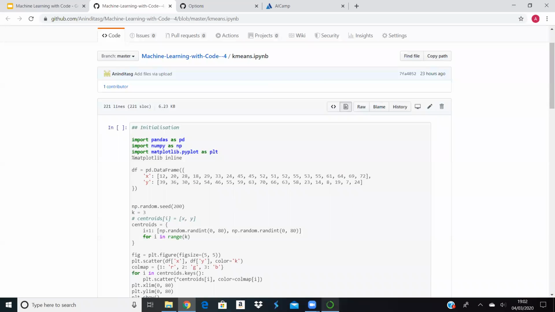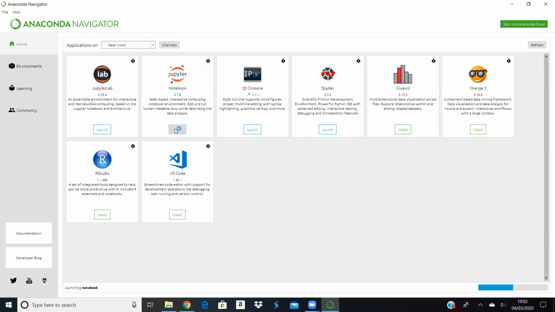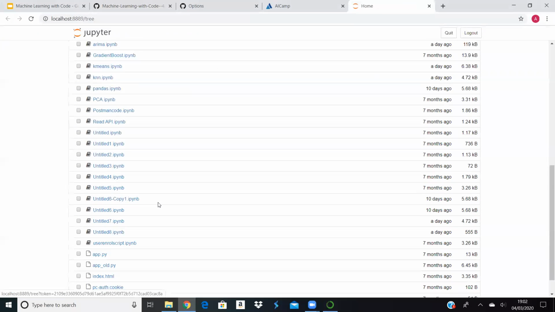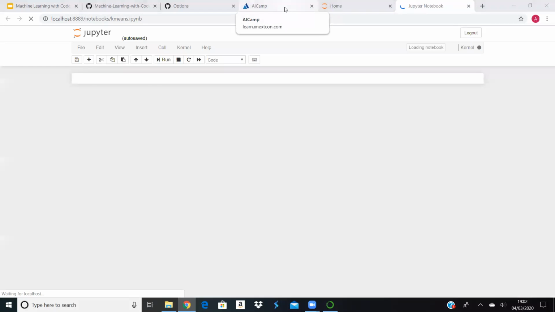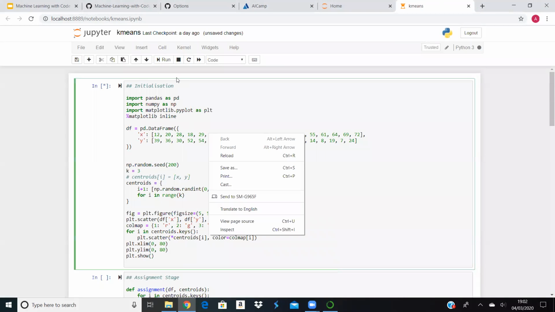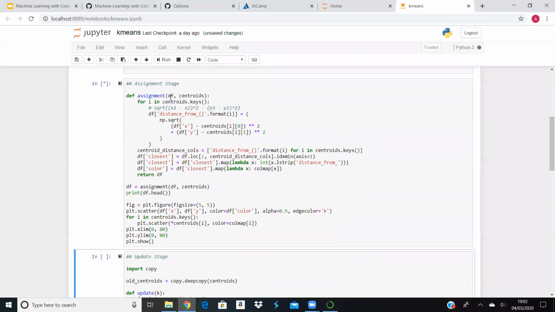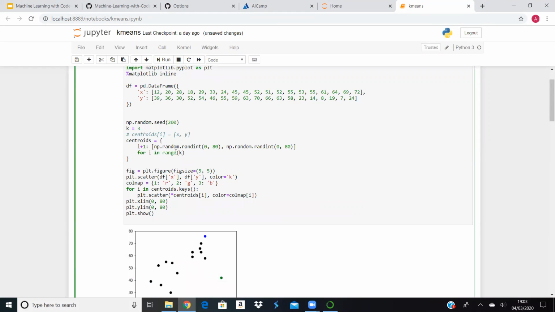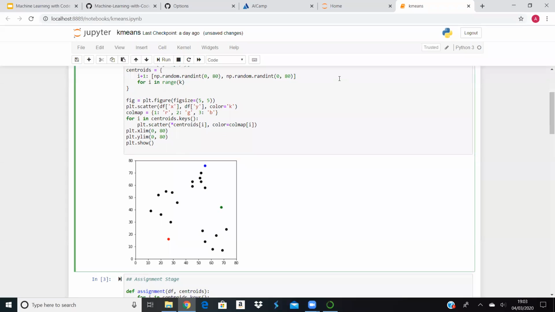Are you able to intuitively understand what this is doing? See, in the first step when we ran it, the centroids are the k-means.